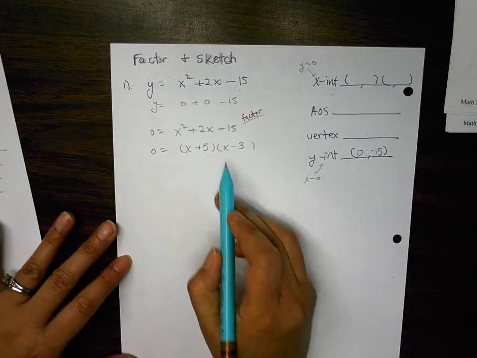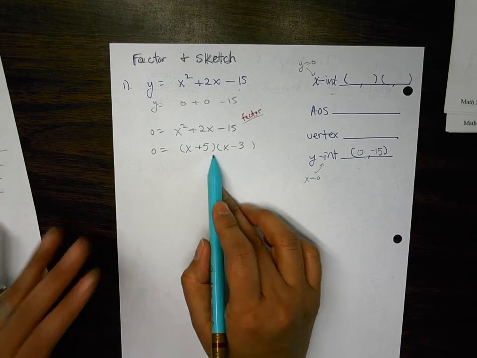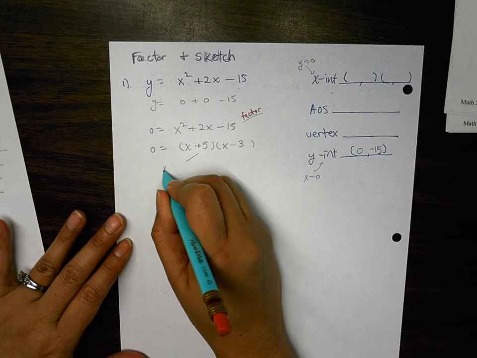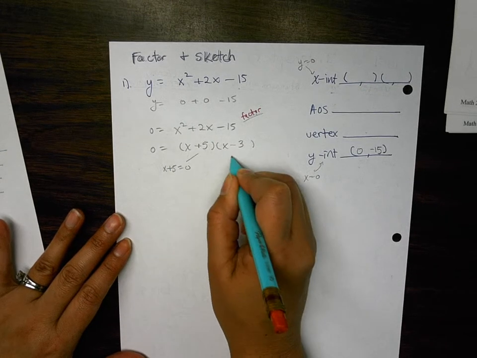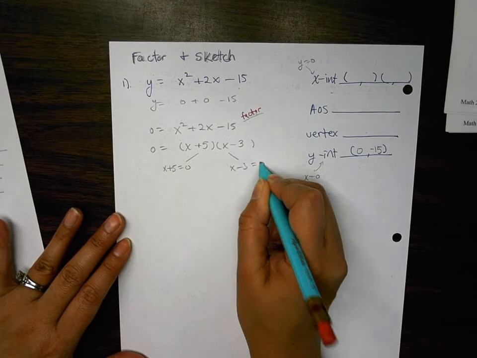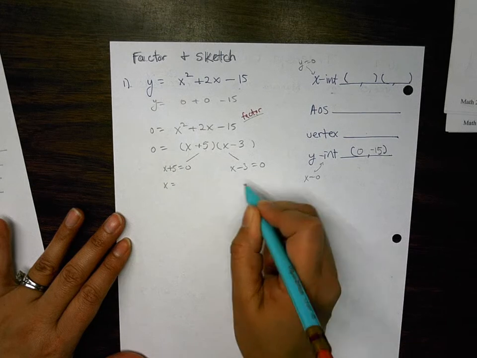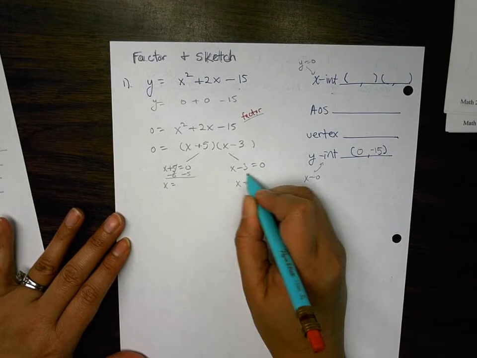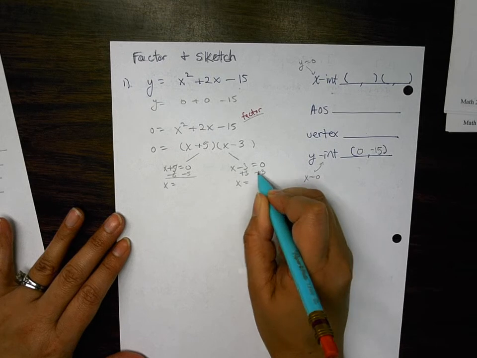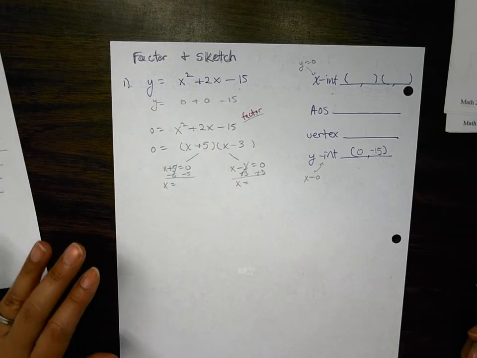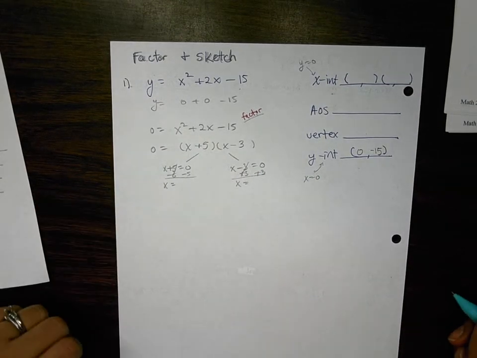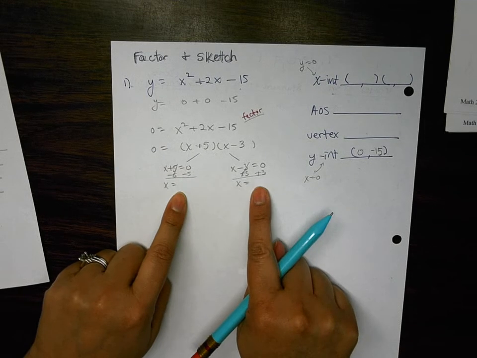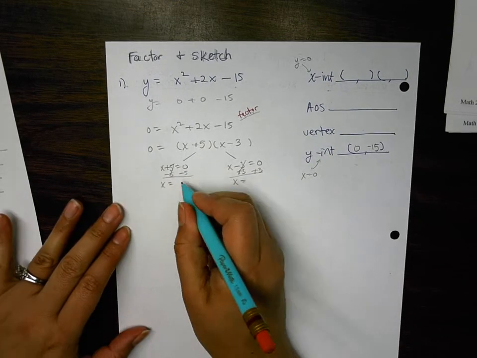What's the property called? We just went over it on this side. Zero product property. X plus 5 equals 0. X minus 3 equals 0. You solve each one. How many answers do we end up with? 2.